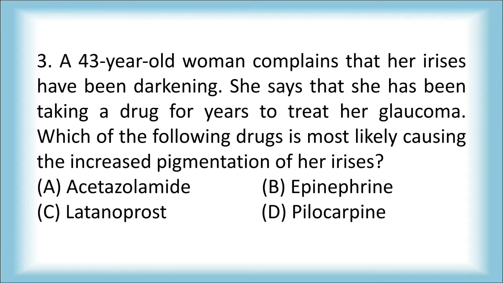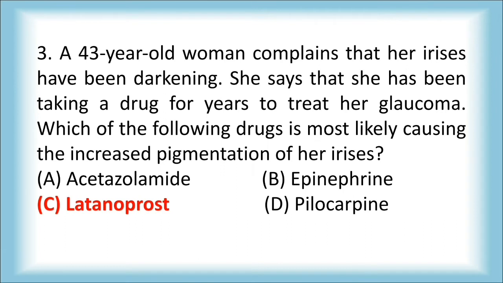There are different kinds of drugs used, and these drugs mainly act by three mechanisms. First, they decrease the production of aqueous humor. Second, they decrease the secretion of aqueous humor, and third, the drugs which increase the outflow of aqueous humor. Okay, so here the answer is latanoprost.